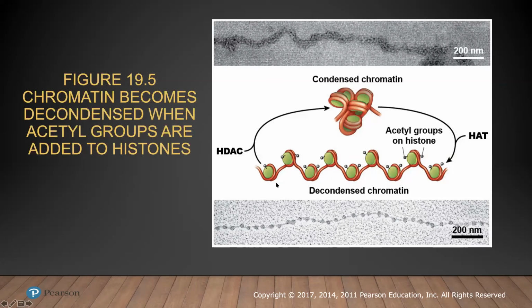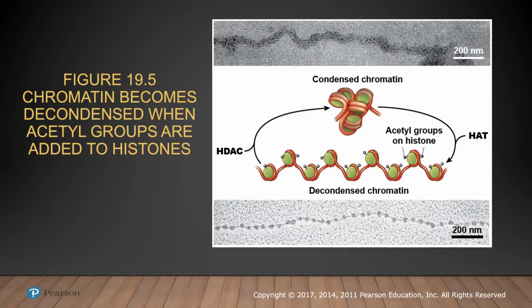So this would be what gene activation would look like. And the HDAC, I wrote above this one that this is turning our gene off, right? Because the HDAC is causing our chromatin to condense. And so that's going to turn off a gene.